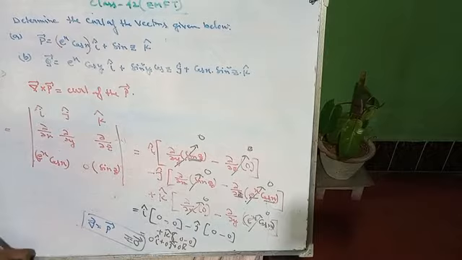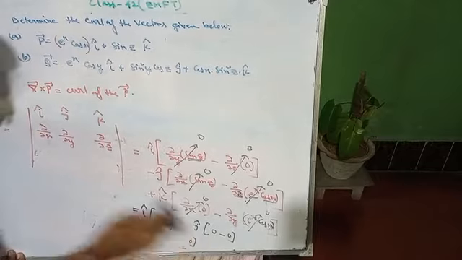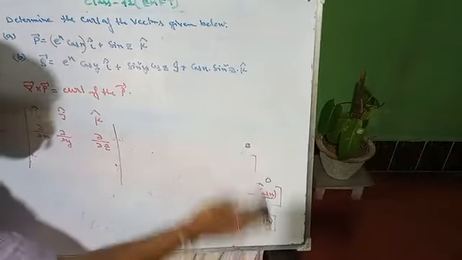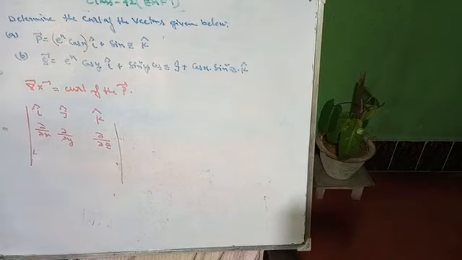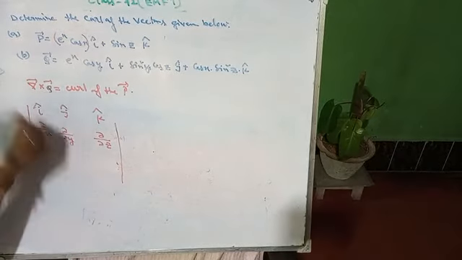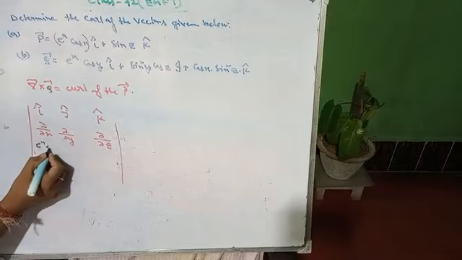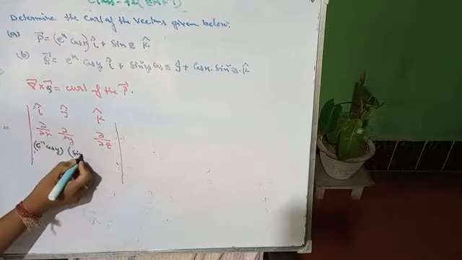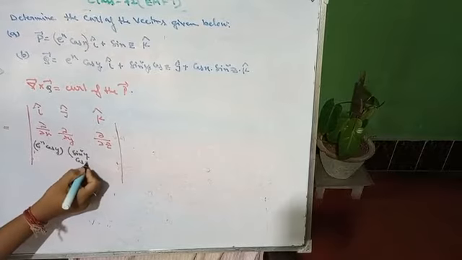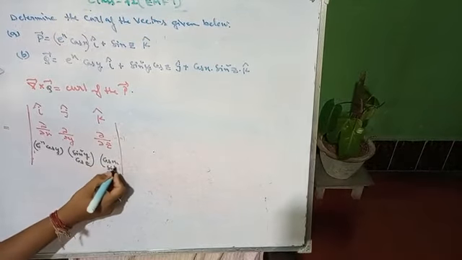So next you have to perform the same curl operation for the second one. Just changing here: e to the power x cos y, next sin square y cos z, and last cos x sin square z.